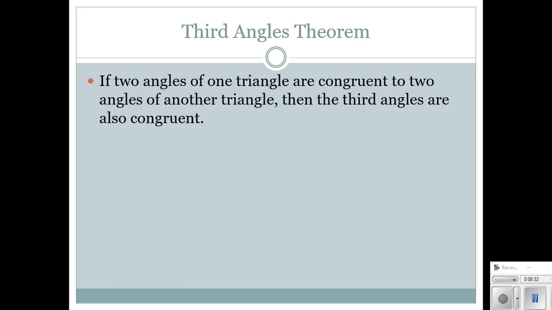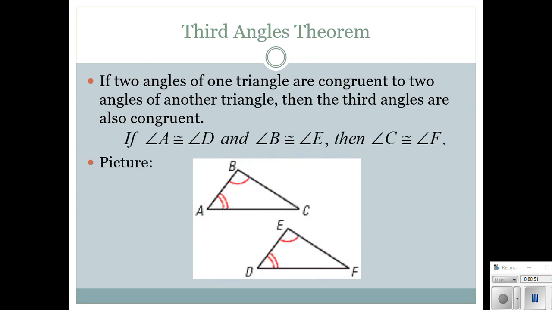Third angles theorem. This is the theorem that we need to know. If two angles of one triangle are congruent to two angles of another triangle, then the third angles are also congruent. This is called the third angles theorem. Let's memorize this. I'm going to show you with a picture. If angle A and angle D are congruent, you see the two marks, these two are congruent.